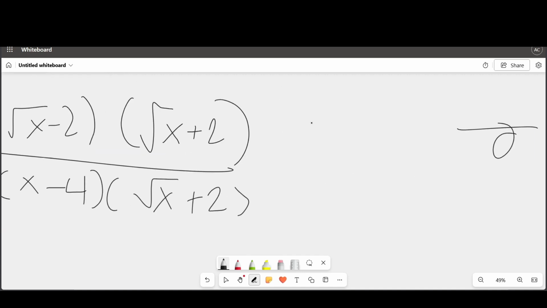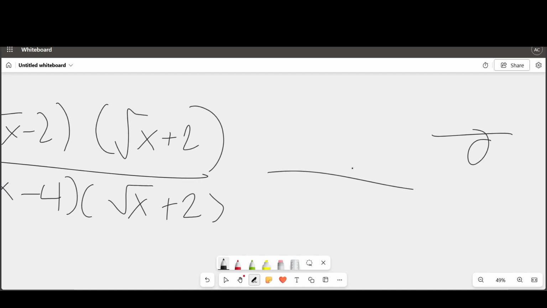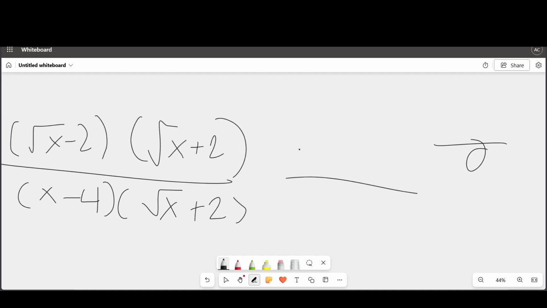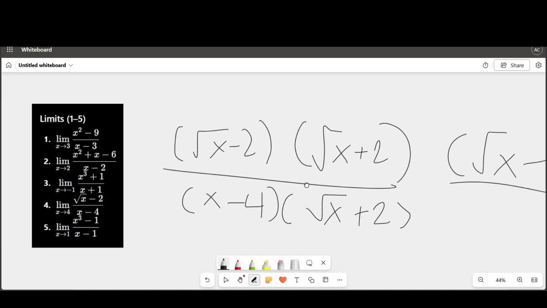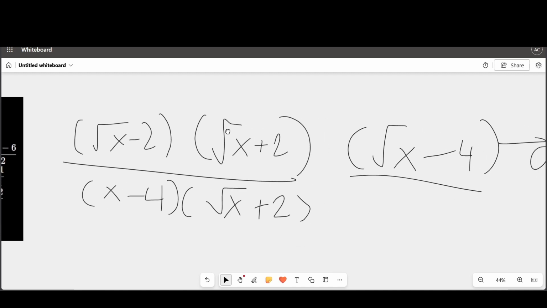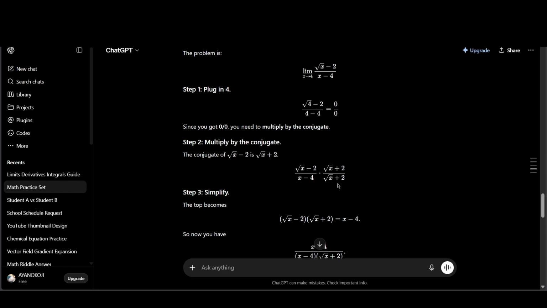Okay, just multiply this thing. So negative 2 times 2 is going to be negative 4. So we have square root of x and negative 4. Then just have to cancel out the... hold on. Let me see if that's correct.